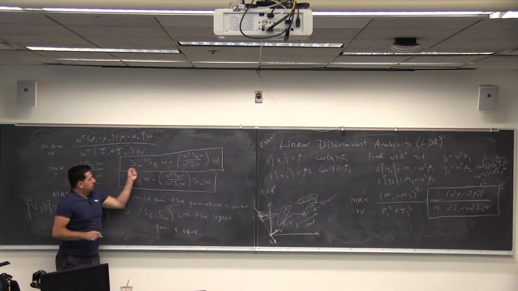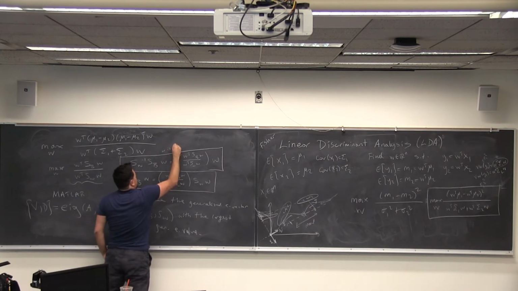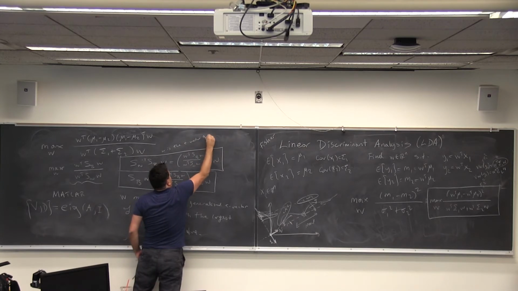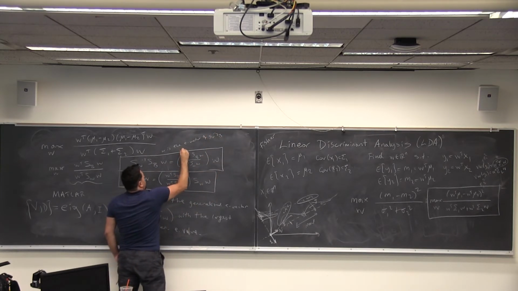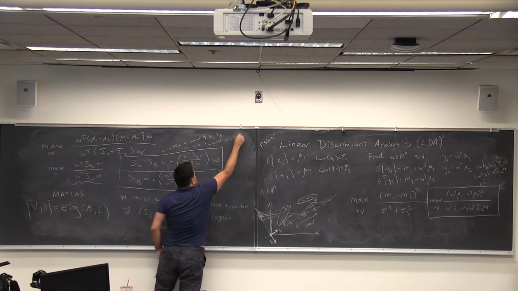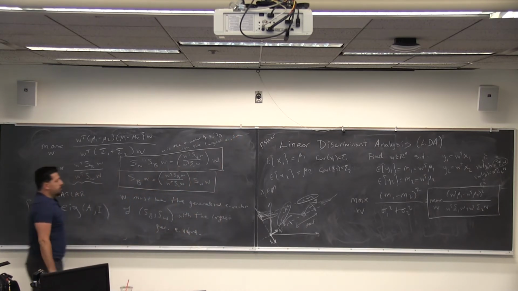W must be an eigenvector of this matrix, so W is the eigenvector of SW inverse SB with the largest eigenvalue. So you can also do that, yes.